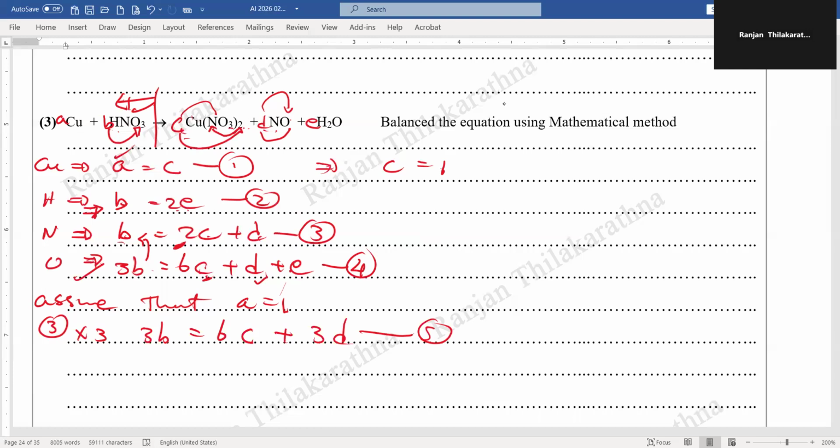If you subtract that, then you will get like this. 3B, 3B will cancel. 0 equals, 6C, 6C will cancel. Here, 3D minus D, 2D. This is E, that will be minus E. Then E equals 2D.